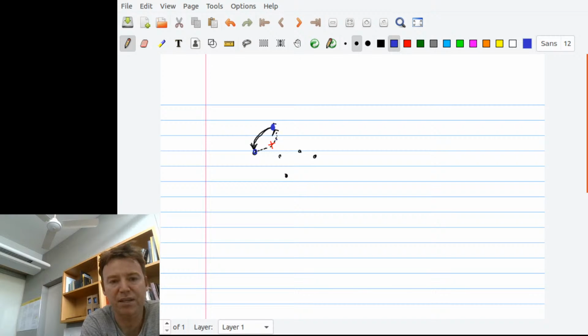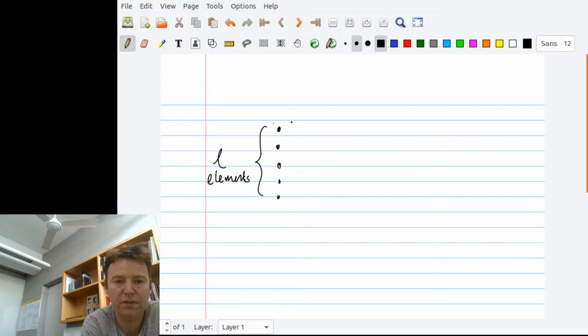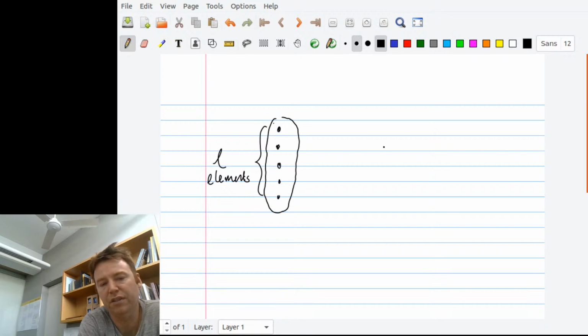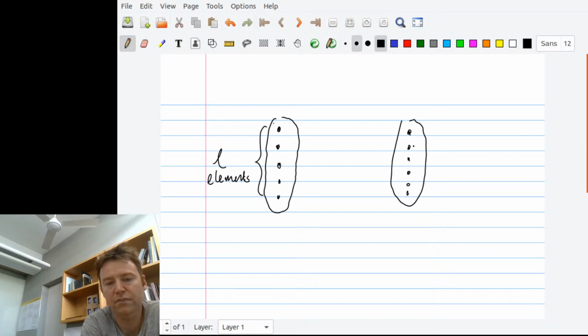So coming back to the style of diagram we had before, if I've got my dots, I've got L dots here. Like so. I've got L elements and L elements over here. Now it doesn't have to be reflexive.